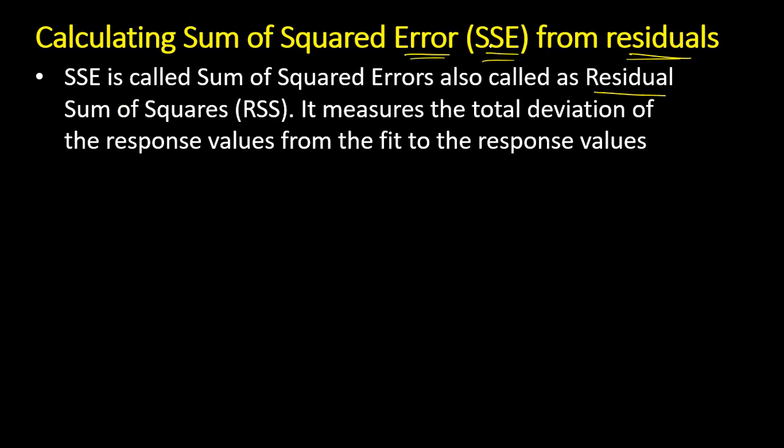RSS is nothing but SSE, you have to remember. It measures the total deviation of the response values from the fit to the response values. The line of best fit, I want to find out how much it is deviating. That's what I'm finding from SSE. Now how is SSE calculated from the residual? That's what we are going to see.